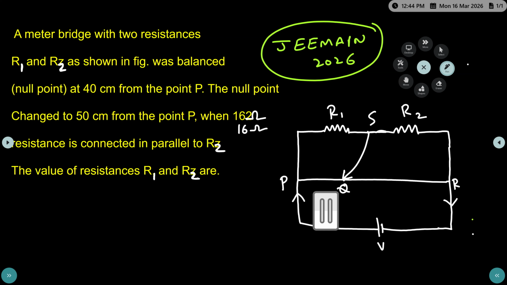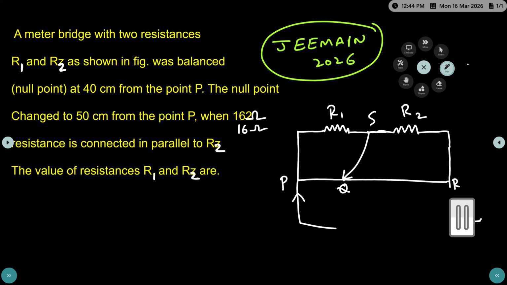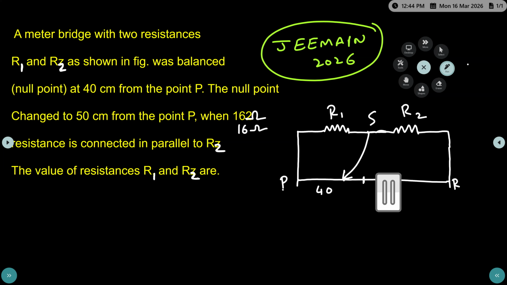So in the diagram, I am changing a few points here. Null point at 40 centimeter from P. Since it is a null point 40 centimeter from P, the remaining length should be 60.